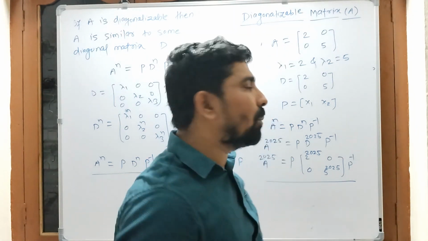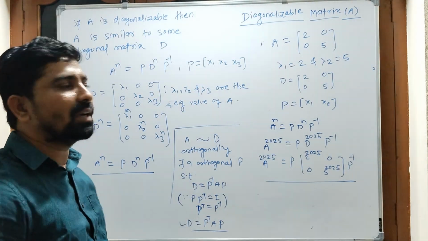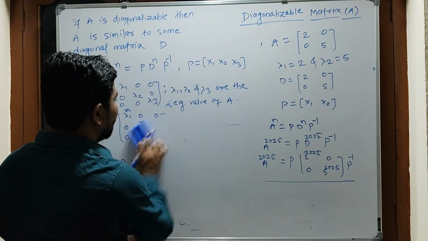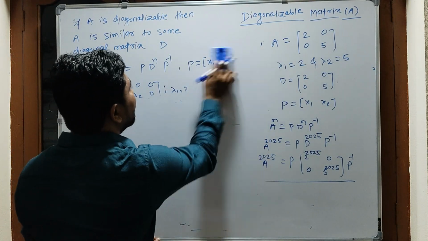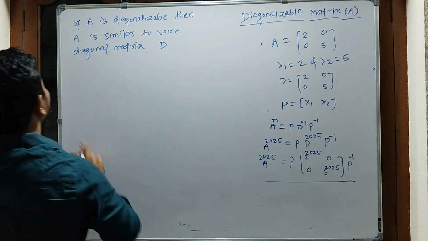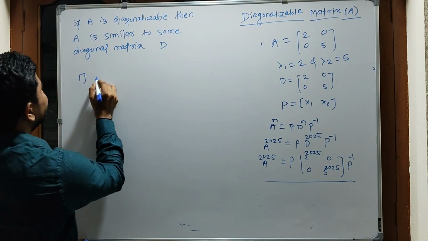Now we have some properties. When we say that the given matrix A is diagonalizable, here is the first result.